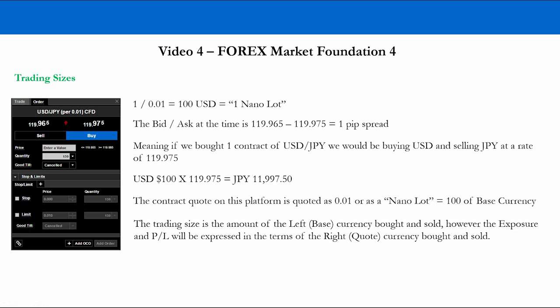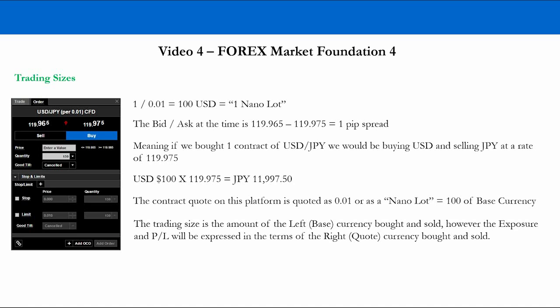That's equal to 1 nano lot. The bid ask at the time in this situation is 119.965 to 119.975. So this provides a 1 pip spread to the Forex pair dollar yen.